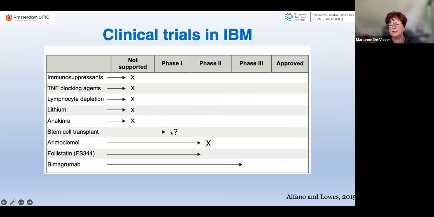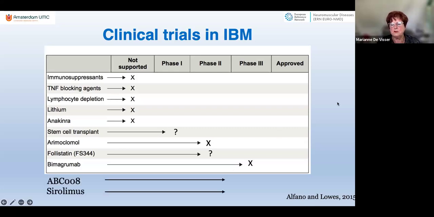The status of stem cell transplant is unknown. The same holds true for follistatin, and there has been a negative trial with bimagrumab, but there have been 2 promising studies with ABC008 and with rapamycin, sirolimus.